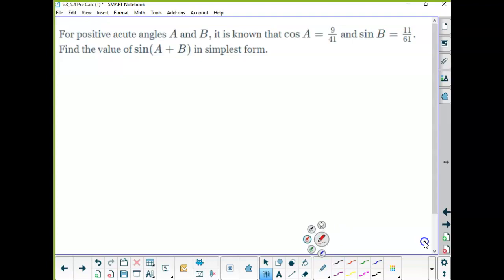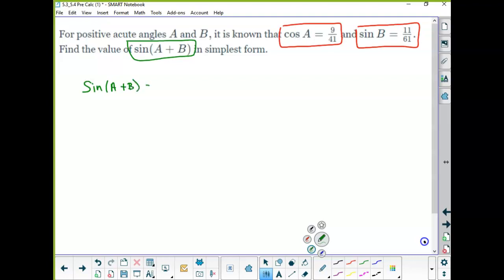Okay, so it's known that A and B are positive angles, and we have 2 facts. The important thing to note is that we have one for angle A and then a separate triangle for angle B. But our job is to find the value of sine of A plus B. So the first thing I'm going to do is I'm going to take a look at my formula sheet.